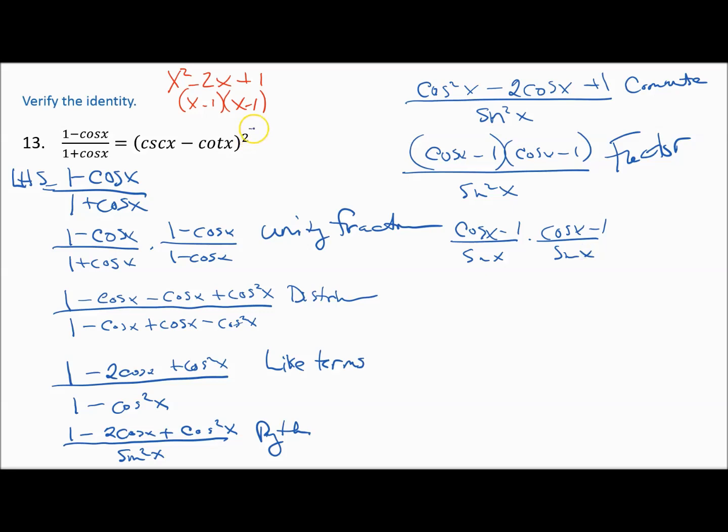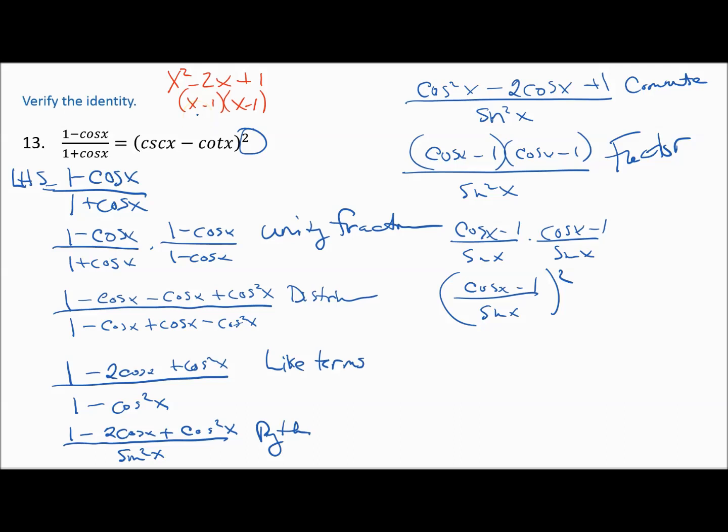Why would I do that? Because this is all squared, so that's really cosine of x minus 1 over sine of x squared, so it gives me my square on the outside. Yeah, it is, right?